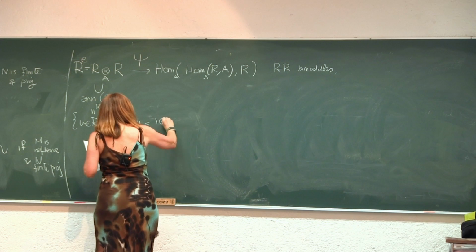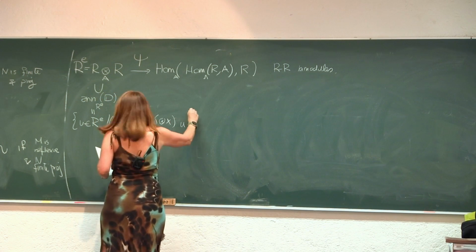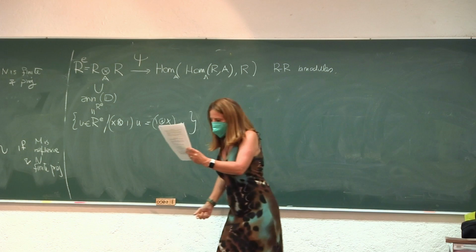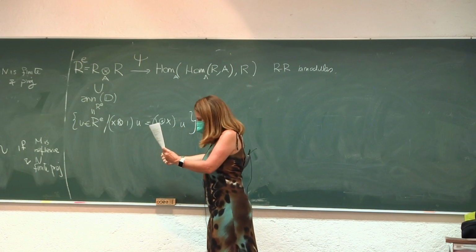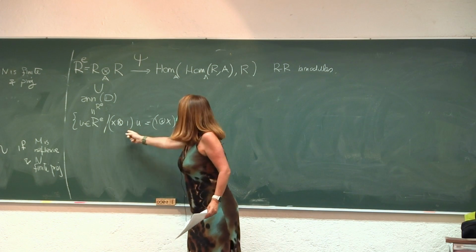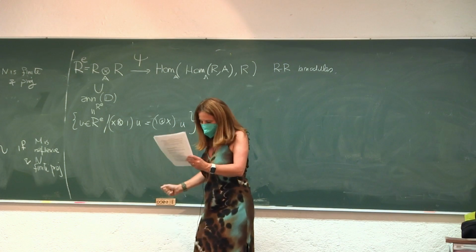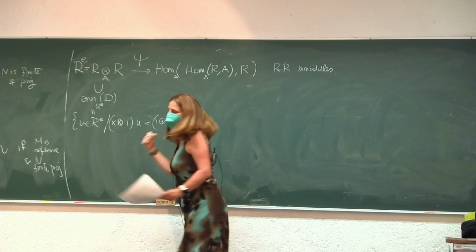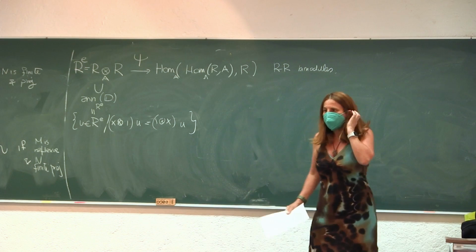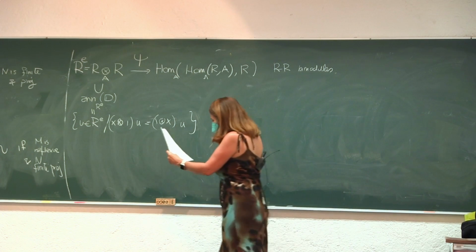Actually, this is here, so I have to multiply this way. So let me write it this way. It's better. x tensor 1 with U is 1 tensor x times U. Okay?